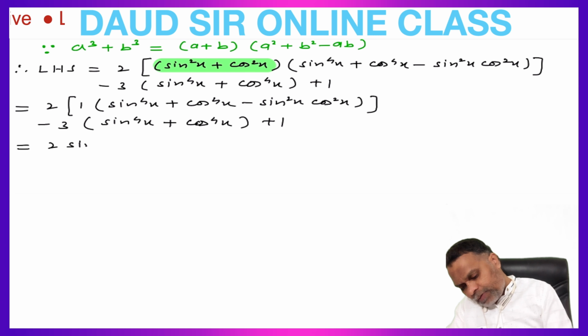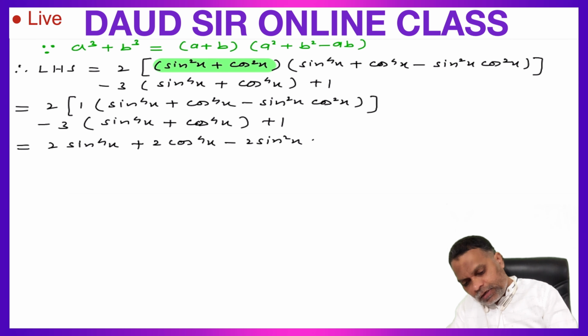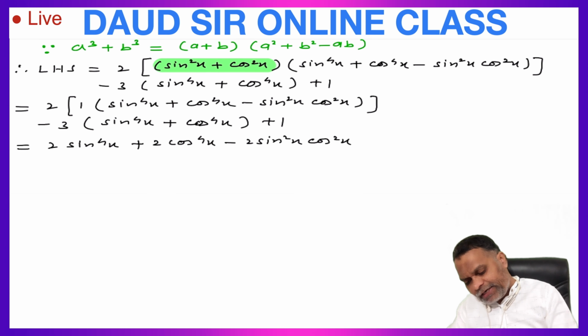2 sine raised to the power 4x plus 2 cos raised to the power 4x minus 2 sine square x into cos square x. Second bracket also multiplying by minus 3.